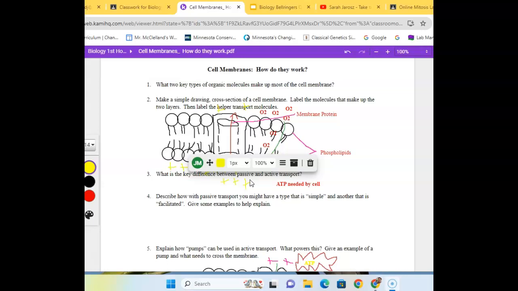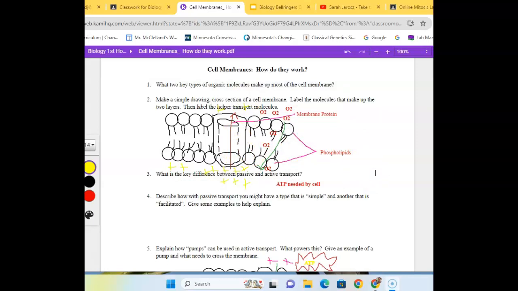So diffusion happens by moving molecules from areas of high concentration to lower concentration, and the molecules are just doing that on their own. The cell doesn't spend energy. That's passive transport. So these pluses would move to the area of lower concentration over here through this membrane protein.